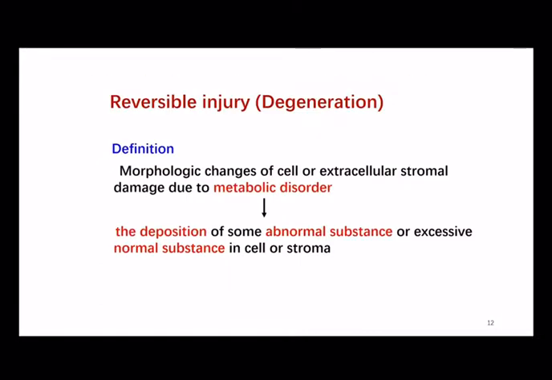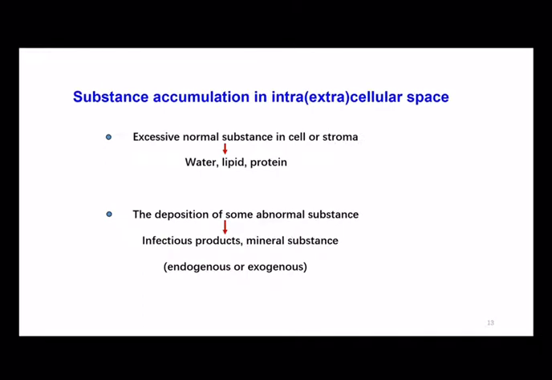This is the definition of reversible injury. The metabolic disorder will damage the cell or extracellular stroma. Then morphologic changes will occur. Some abnormal substance or excessive normal substance will deposit in the cell or stroma. Then you might be curious about the substance accumulation in intracellular or extracellular space.